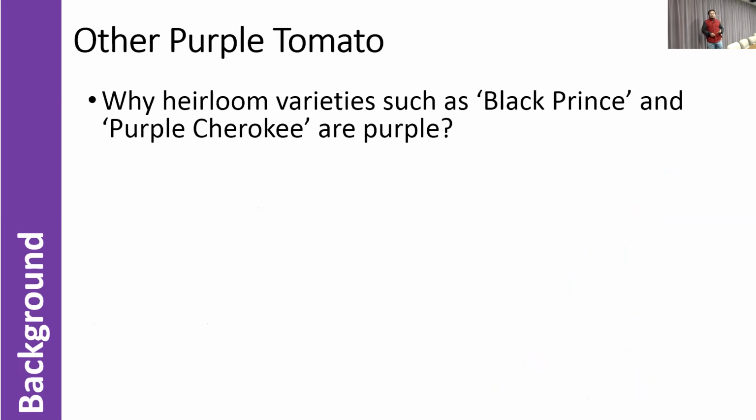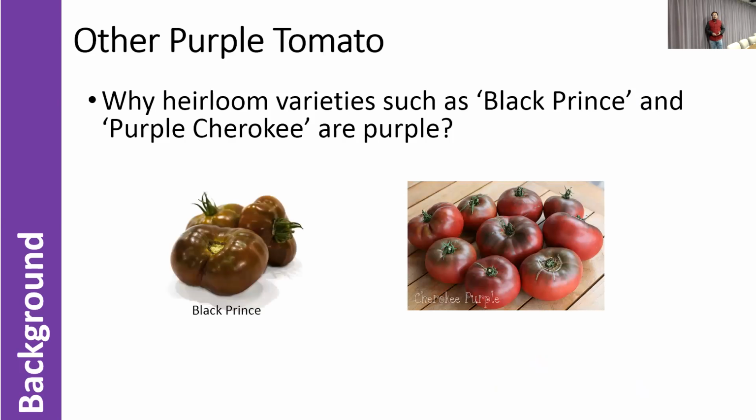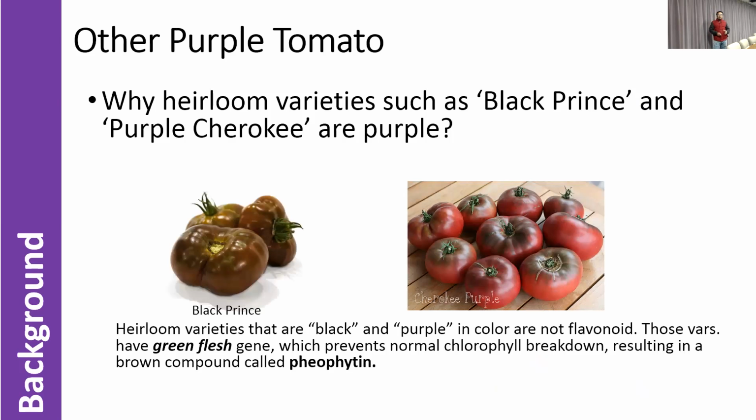There are so many heirloom varieties like Black Prince and Purple Cherokee, which look purple, like this in the figure, but actually they are not anthocyanins. They are pheophytins. In those varieties there is a green flesh gene which prevents the breakdown of chlorophyll and imparts a brown color and makes them look purple, but they're actually not anthocyanins.